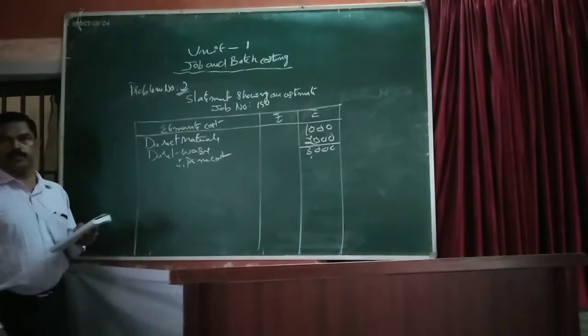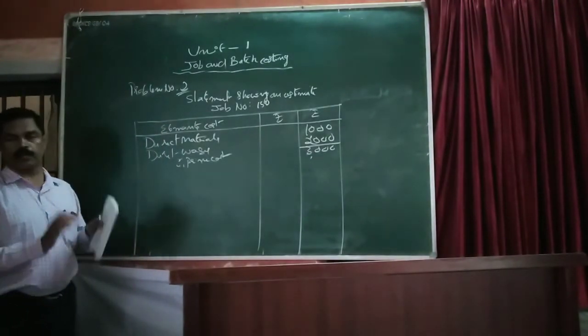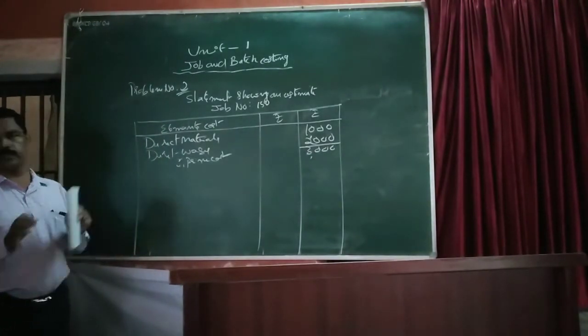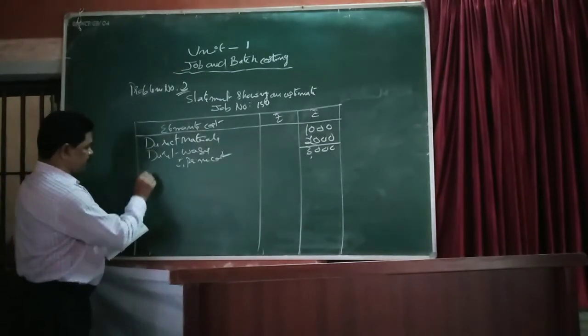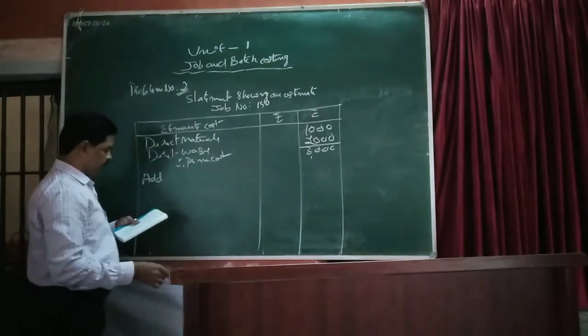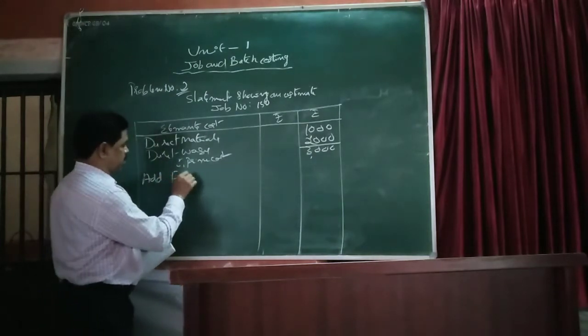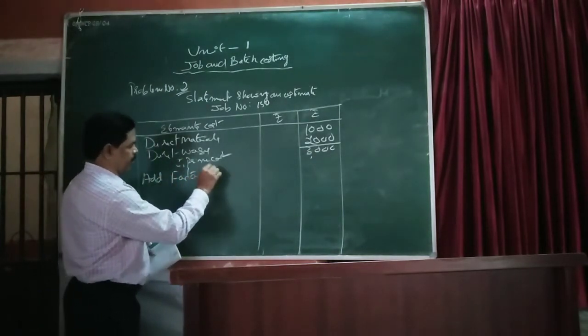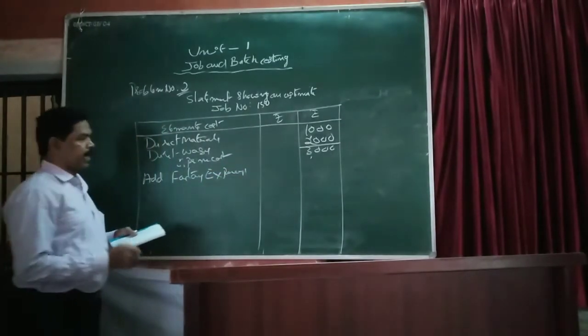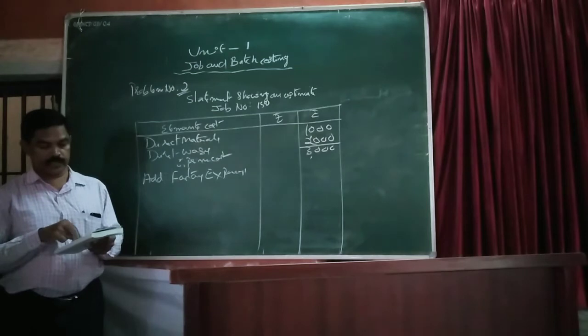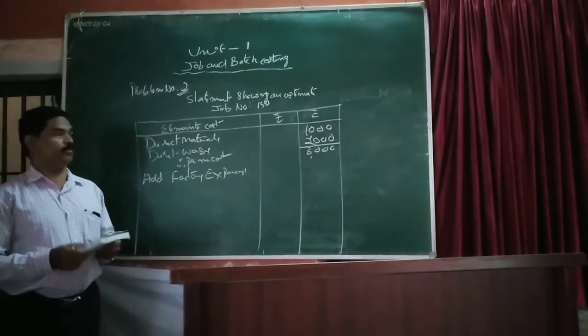Now we add, first of all we add factory overheads, then office overheads, then selling and distribution overheads. So let me do this, add factory expenses. Factory expenses and overhead, here we have to calculate this. About factory expenses, 60% on wage.